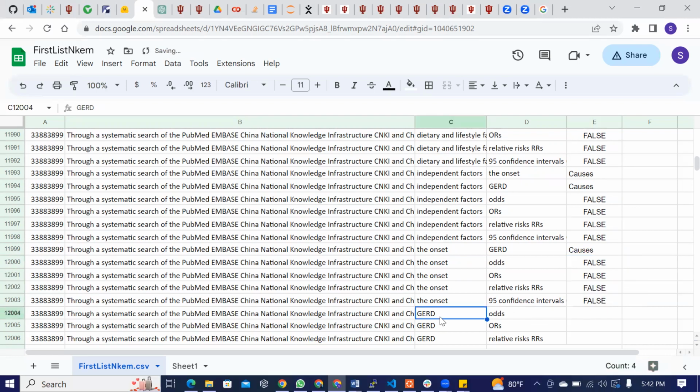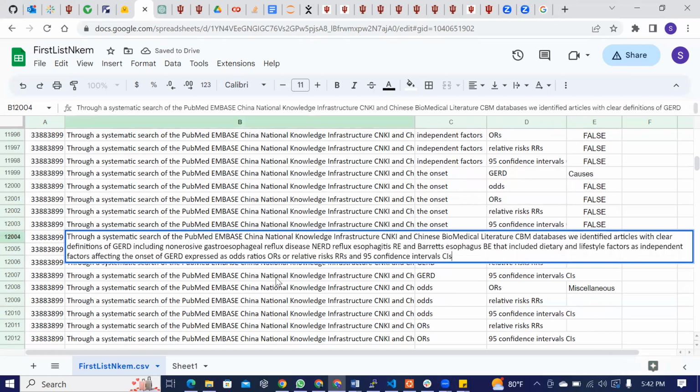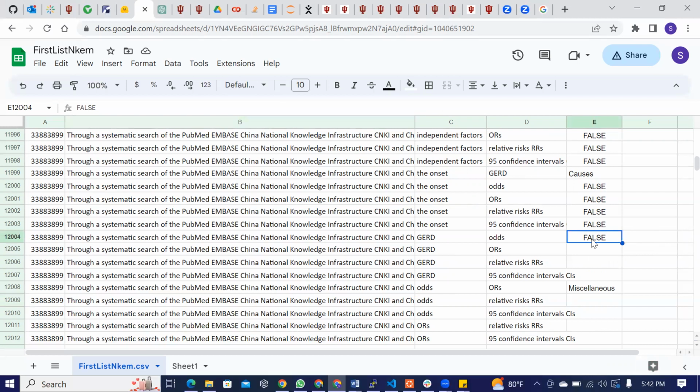So let's see it here. I have GRD odds. So this is false. Sorry, I have to check first. Expressed as odds, which is not false, is miscellaneous. So this is where the miscellaneous comes in.